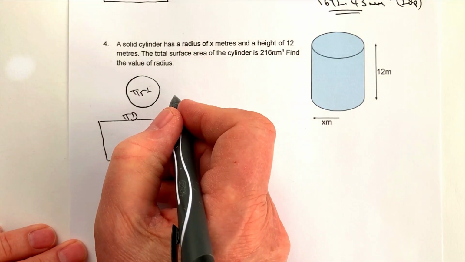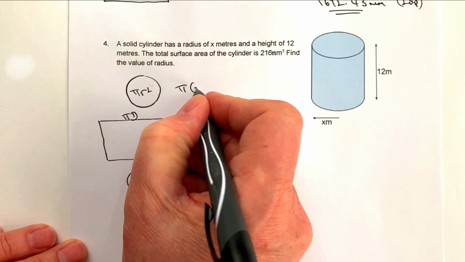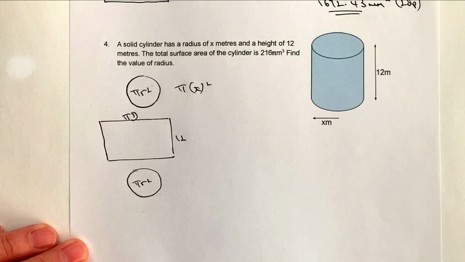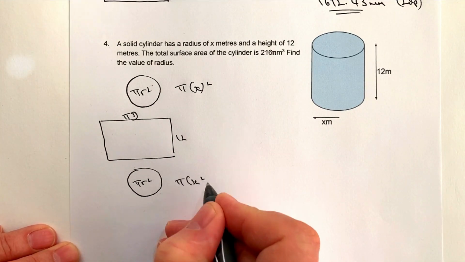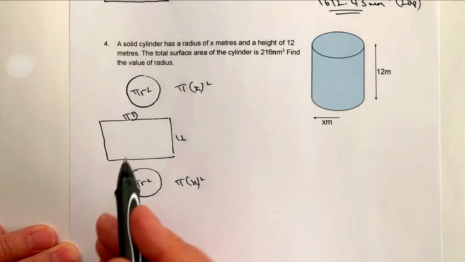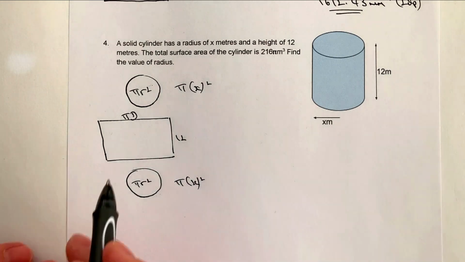So we've got pi times r squared. Well, we don't know r, but we could write this as pi times x squared. Okay, and it's exactly the same with the bottom one, pi times x squared. Okay, so if I add those two together, which I'm going to in a minute, I'm going to get 2 pi x squared. Let's have a look at this one now.